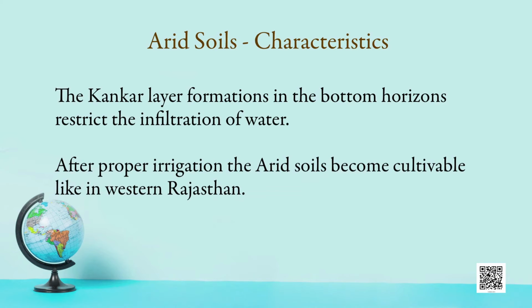In fact, the kankar layer formations in the bottom of horizons restrict the infiltration of water. Thus, it is only through proper irrigation that the arid soils have been made cultivable in states like Rajasthan, specifically Western Rajasthan.